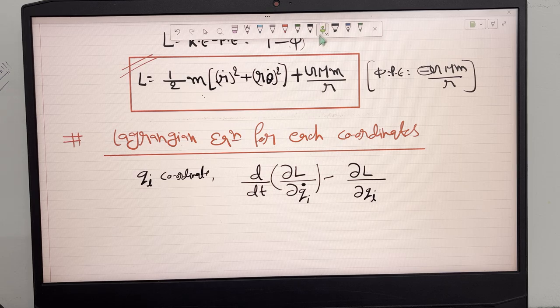Pay attention, here is a q i dot, and this will be a coordinate. There is nothing called dot over here.